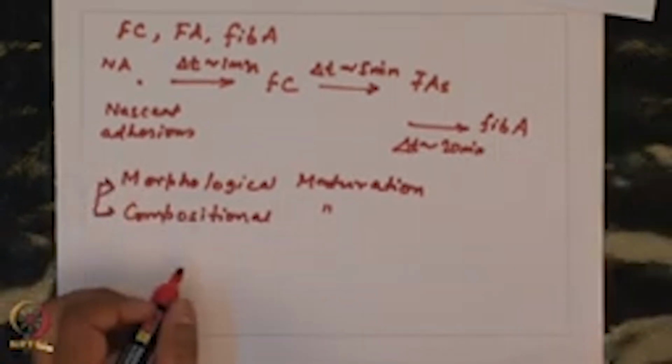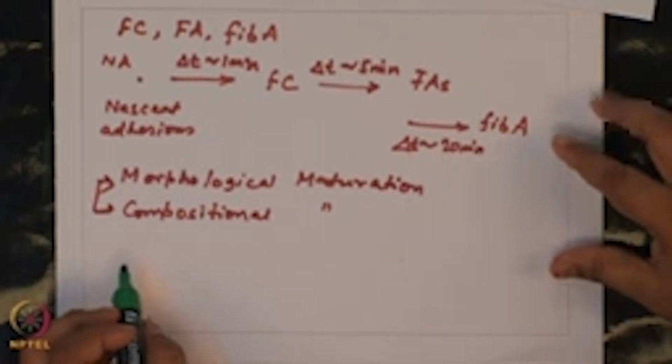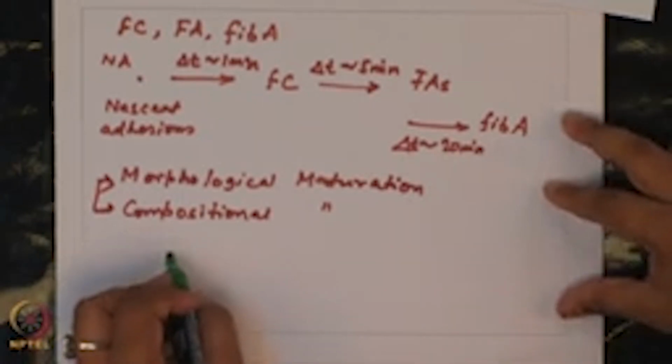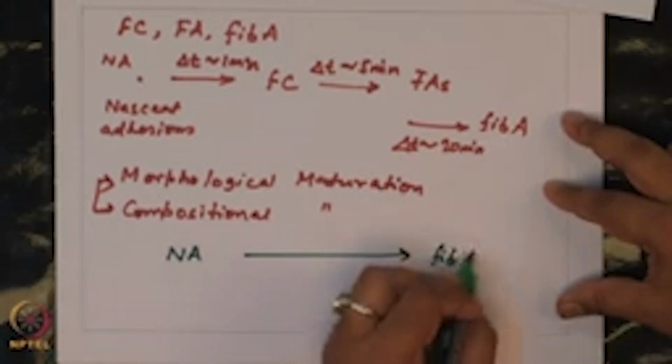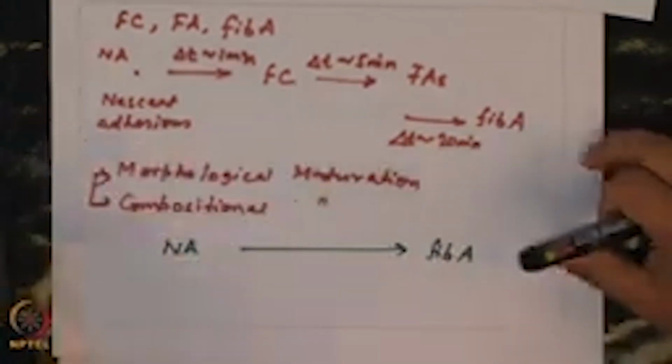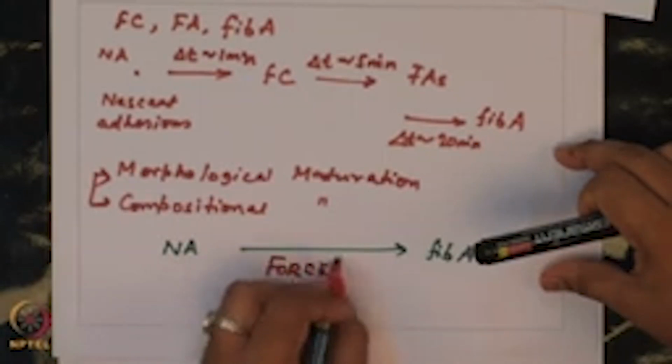Okay. And what has been found as the transition, the agent which converts immature to mature, or nascent adhesions all the way to fibrillar adhesions, depends on force. Okay.